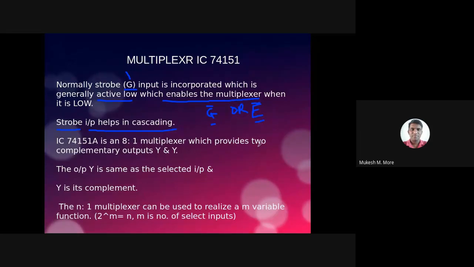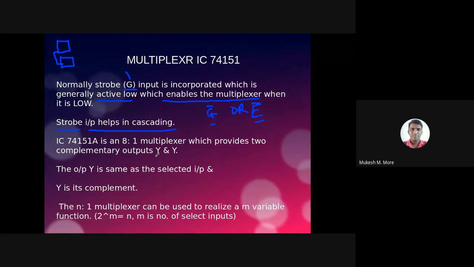So if there are two multiplexers, for cascading purposes we use the G bar and E bar of the multiplexer. To add more multiplexers in a single circuit, we use this strobe.